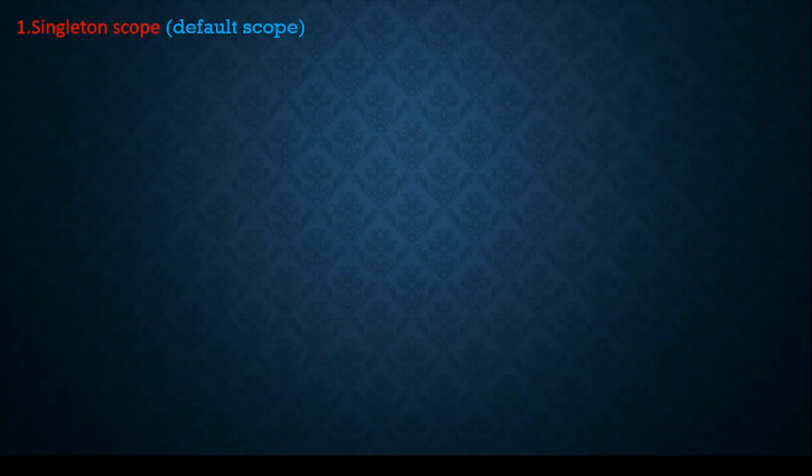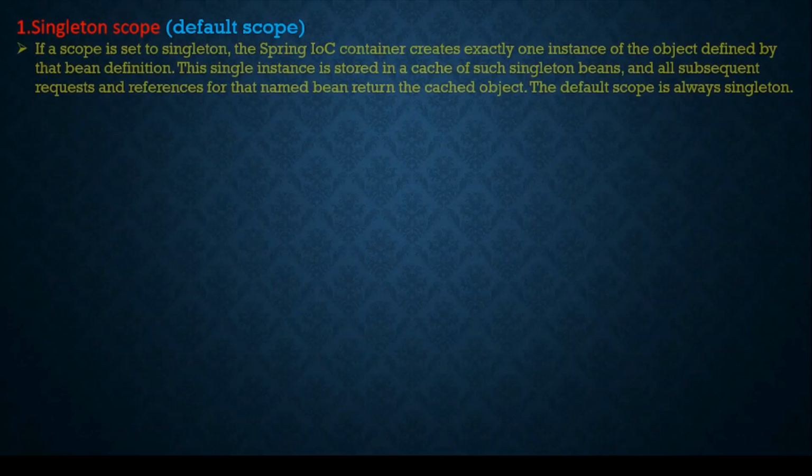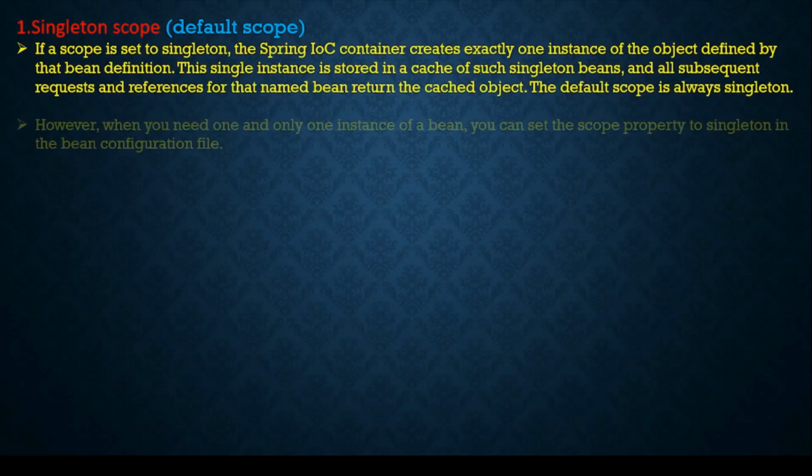If we call the get bean method multiple times, the same object is returned. There is a caching mechanism used as part of Spring IOC, and the singleton object is stored in it. So whenever you call the second time to get the bean object, the Spring IOC container returns the same object. This is the case of singleton.